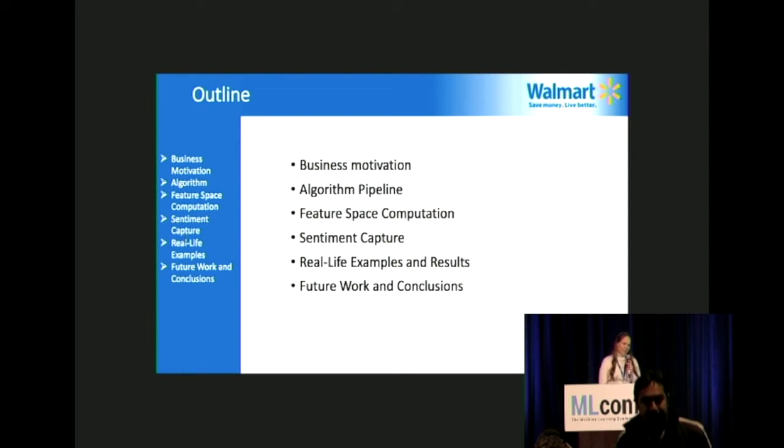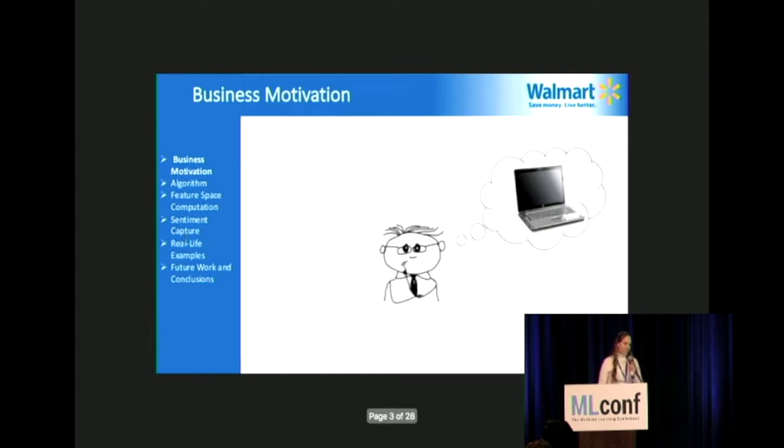I'll tell you briefly about feature space computation, because this is something we're still working on and it's very complicated, and I won't have much time for the details, but I'll try to tell you what we're doing. Then I'll dig into the actual sentiment analysis part, and I'll spend more time on this side of things. I'll finish with a few real-life examples, and hopefully I'll have some time for future work and conclusions.